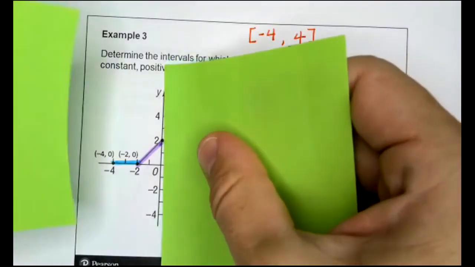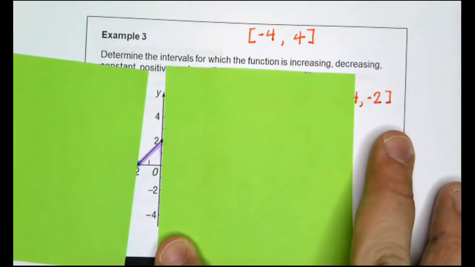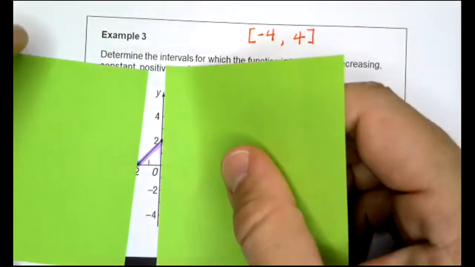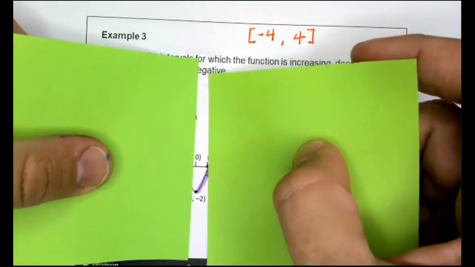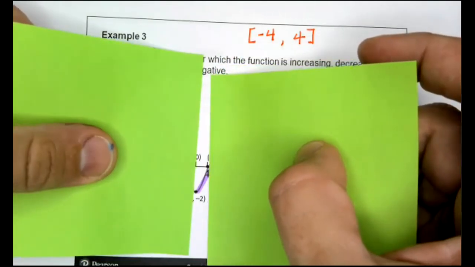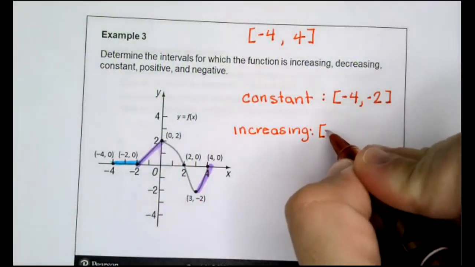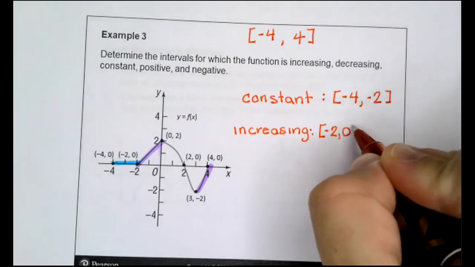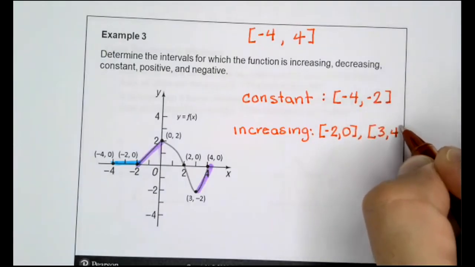So that would be -2 to 0, and that was 3 to 4, right? -2, 0, comma, 3, 4.